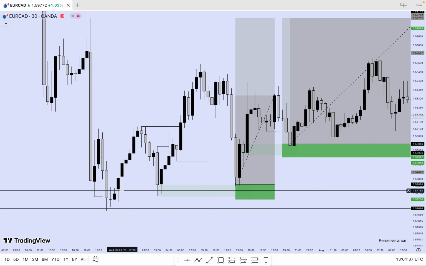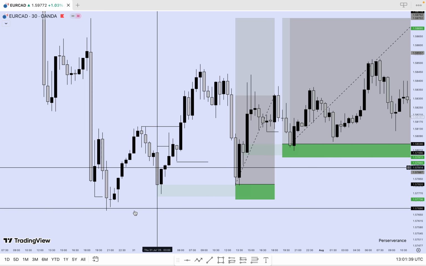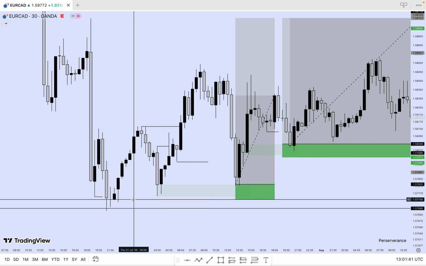This order block here is unmitigated. This order block is the one closest to the inducement. This order block has triggered a market structure shift. This order block has liquidity protecting it. So you see that when I picked the order block, I followed the 4 rules of picking the order block.